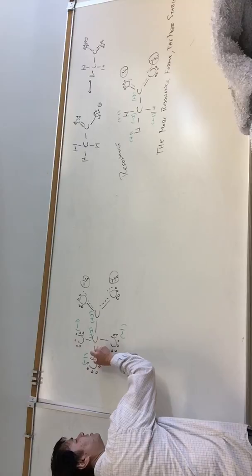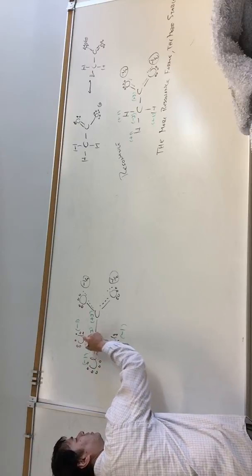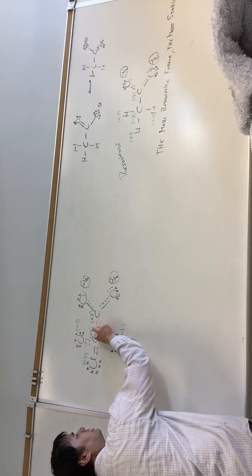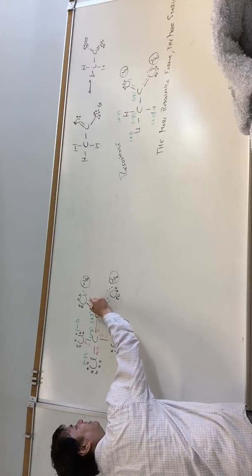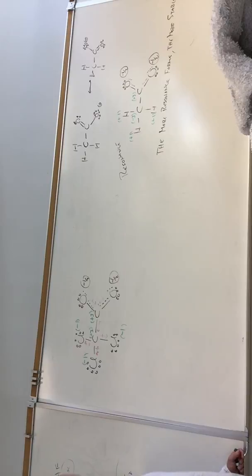And so these chlorines are sucking electron density away from the carbon, which in turn sucks electron density away from this carbon, which sucks electron density away from these oxygens, which lessens the negative charge density. And so the negative charge density should be less than -1/2 here, whereas in acetate it should be at -1/2. Does that make sense?